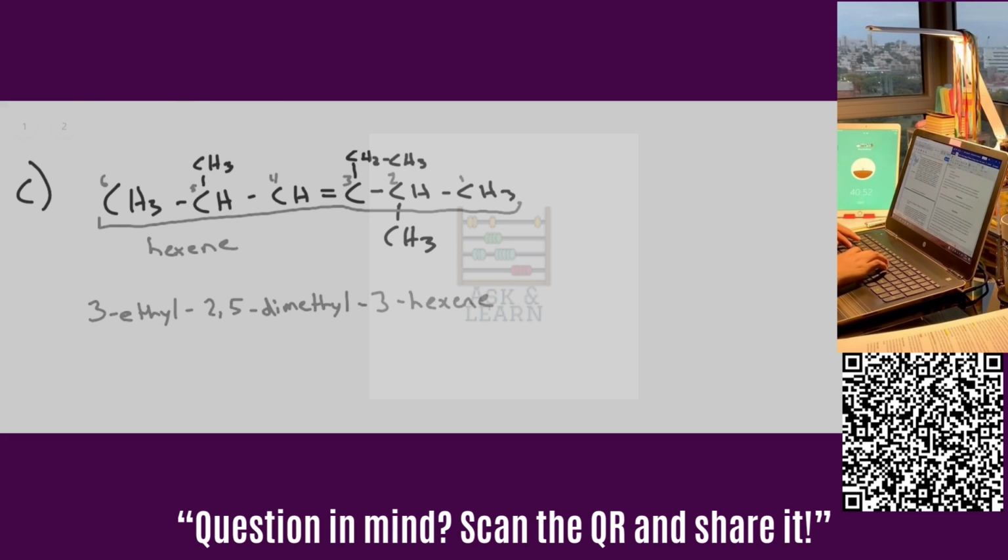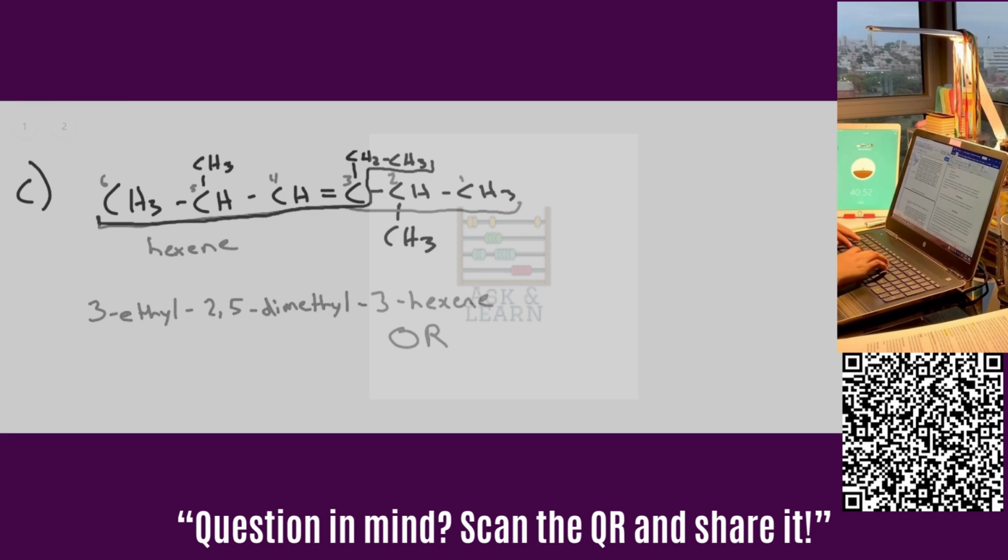Now, it's important to notice here that we could actually have an alternative name, and that depends on what we define as the longest carbon chain. If we were to start from here, and then go up here and here, we get still a 6-carbon chain.